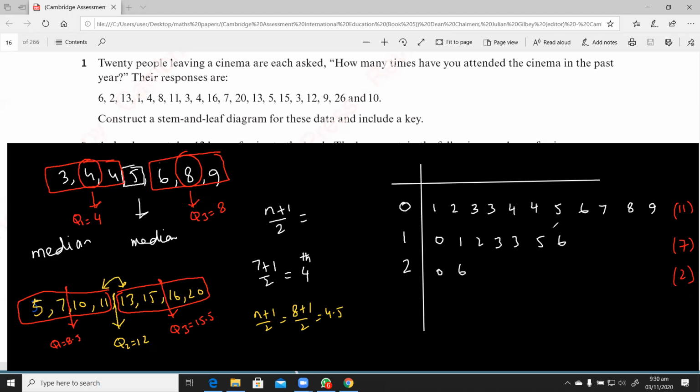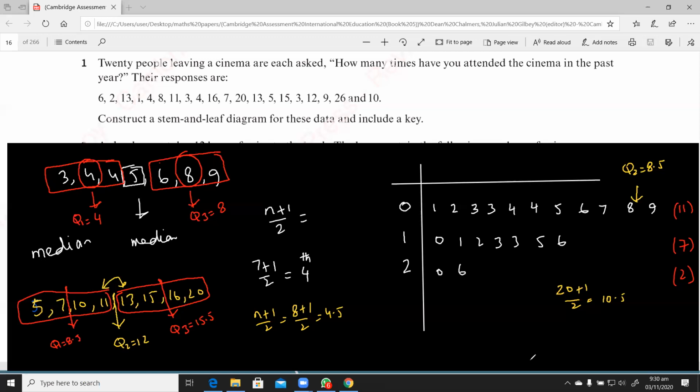So for this median, this is 20 plus 1 over 2, that is 10.5. Since I have written down the number of observations here, this 9 is the 11th observation, and this 8 is the 10th observation. So here is going to be your median. That is going to be 8.5, between 8 and 9.